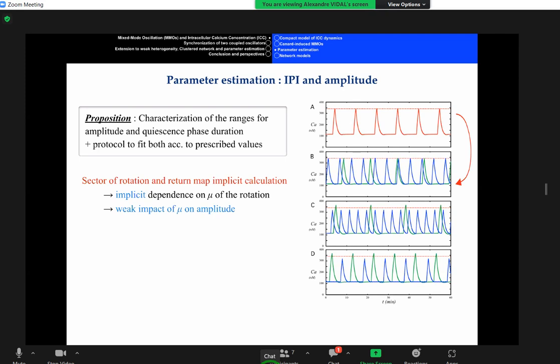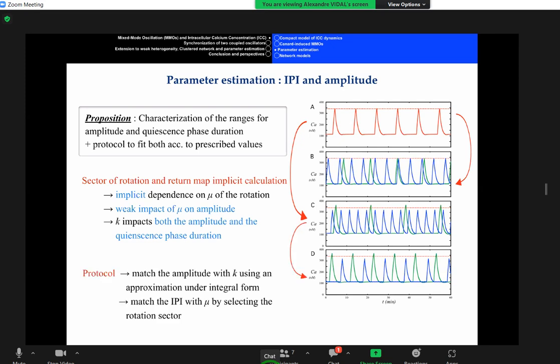So with the sector of rotation and the return map, we are able to perform some implicit calculation and to obtain some implicit dependence on mu of the number of rotation, meaning the duration of the quiescent phase. And we have a weak impact of this parameter on amplitude, as you see from A to B. K, on the other hand, another parameter, impacts both the amplitude and the quiescent phase.